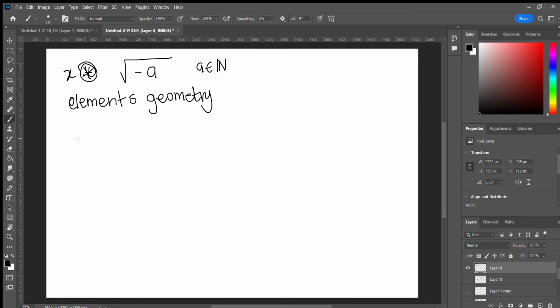You know that m and p form a geometric sequence, so this will be ar squared, and so on.